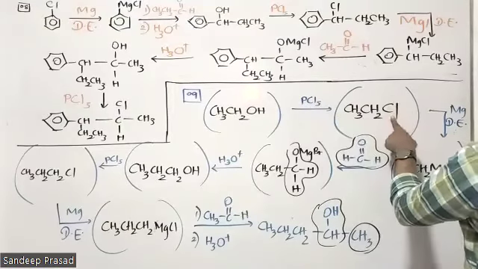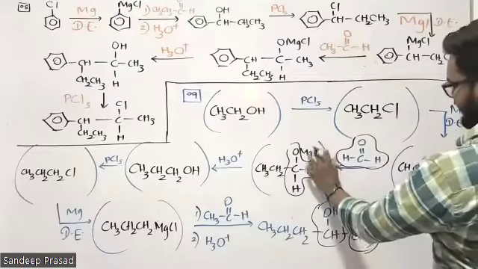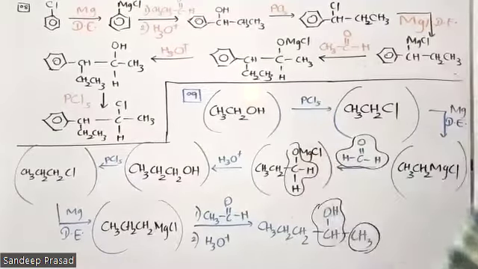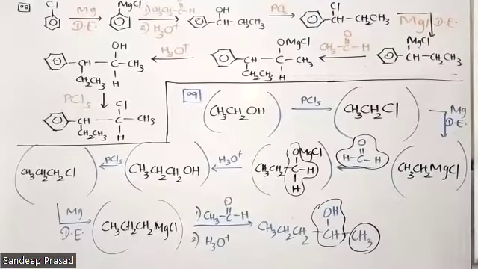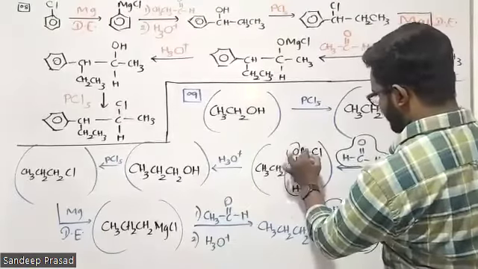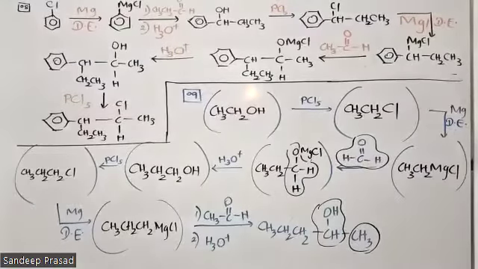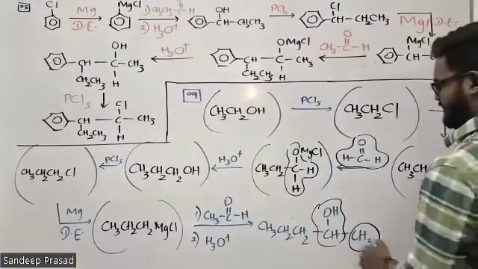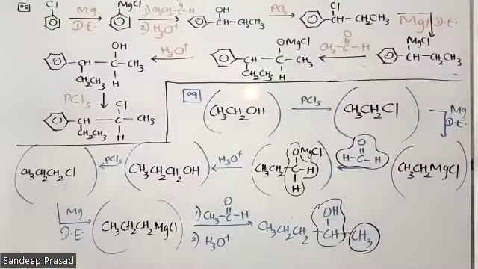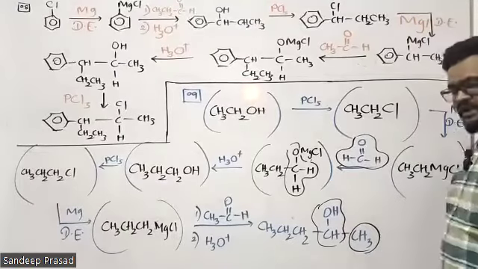Then this is alkyl halide. Magnesium diether is added, Grignard reagent. Aldehyde is added. Then this one should be definitely MgCl. Can you understand? So you can't make those kinds of mistakes here. If you put bromine, we cannot accept that because we have added PCl5 at the beginning. Yes, good. You all know this well. Good, very good.